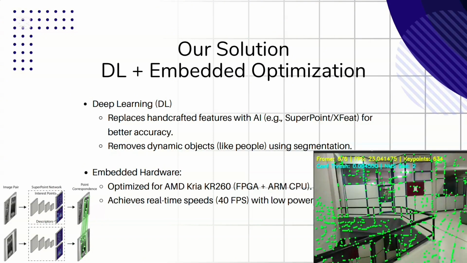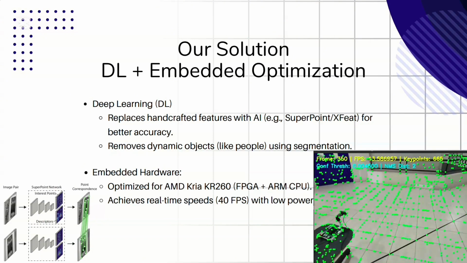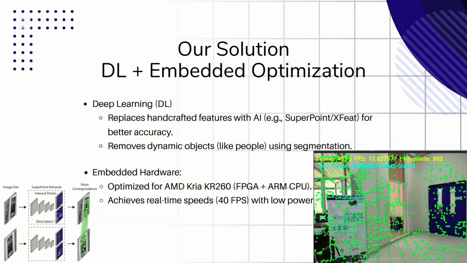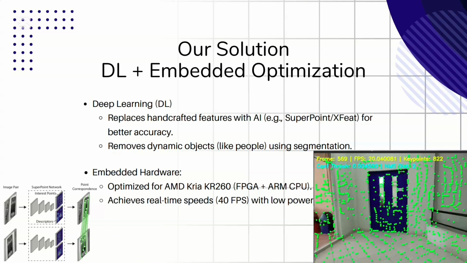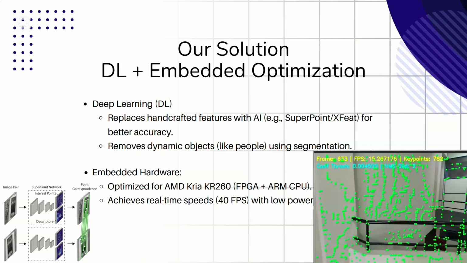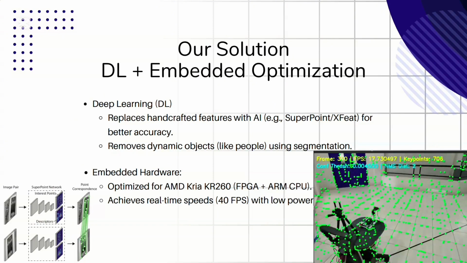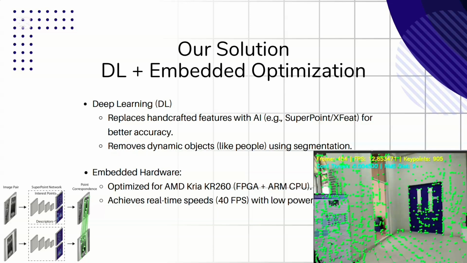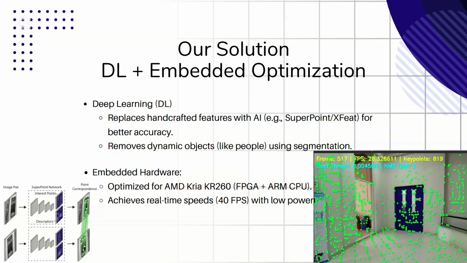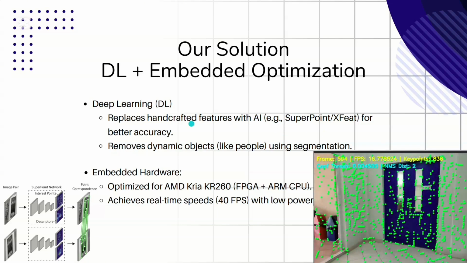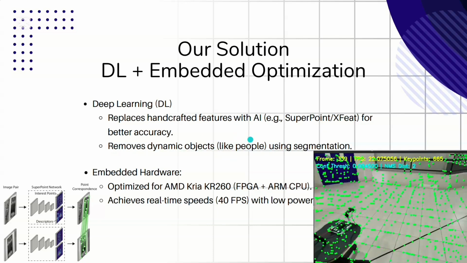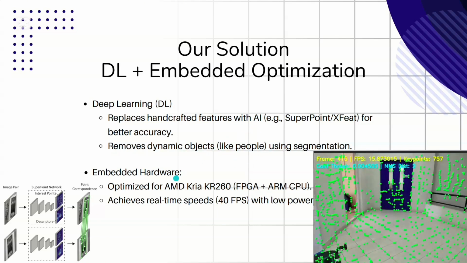Handcrafted algorithms perform better in the environment that the authors hoped for, and when it goes out of that context, it performs worse. We use a deep learning based feature extractor called SuperPoint as our main feature extractor. We also use an optional segmentation part to segment out moving areas in our image.